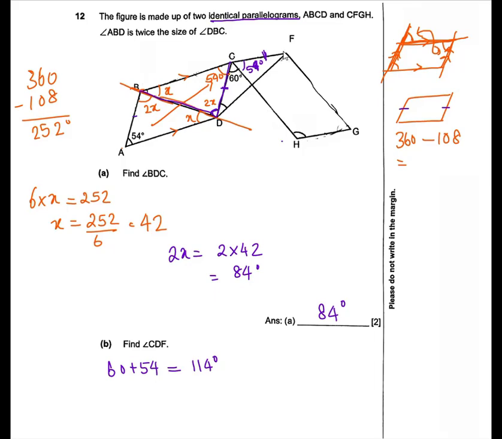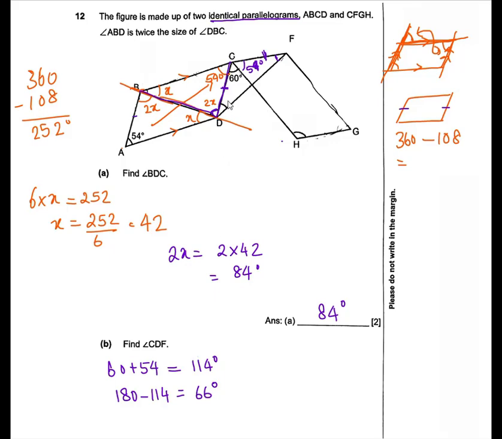And we know that in an isosceles triangle, these two angles are equal. Now, in a triangle, the total sum of all the angles is 180 degrees. So if I want to find the sum of these two angles, it is 180 minus 114, which is 66 degrees.